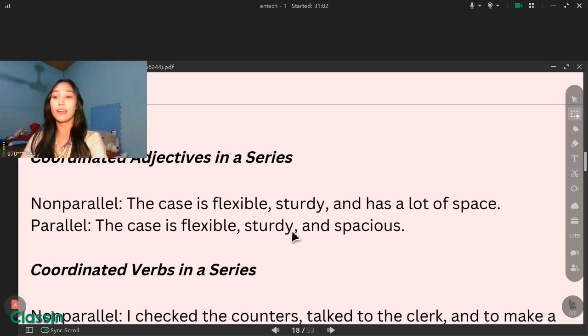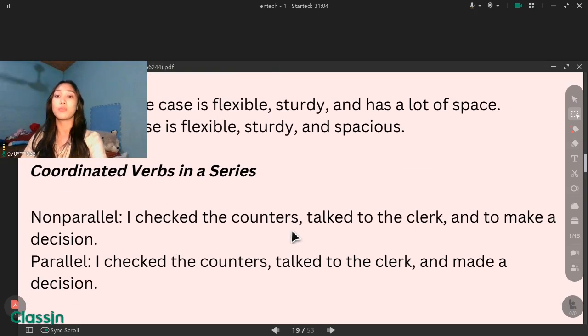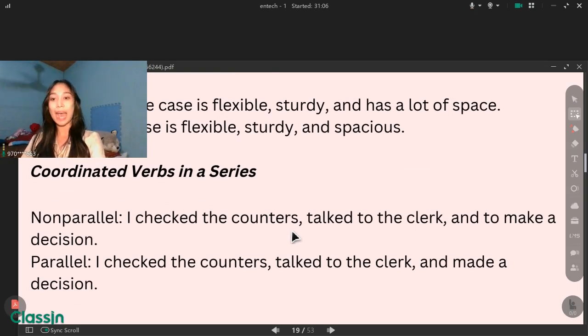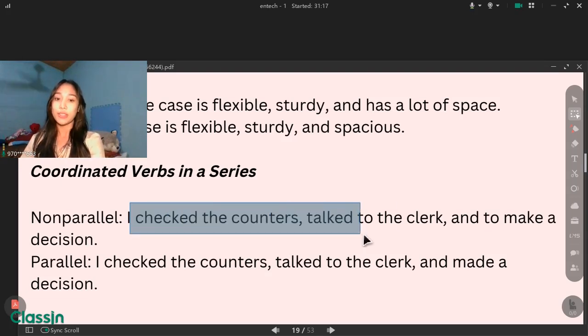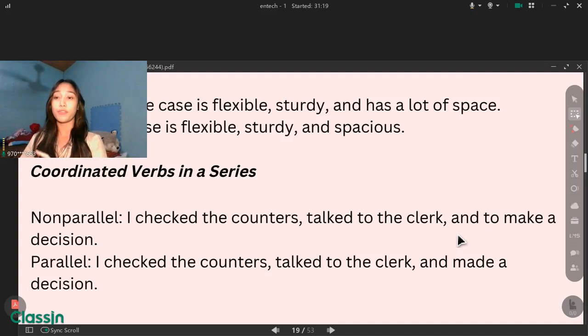All right, now let's proceed to coordinated verbs in a series. We have the example: I checked the counters, talked to the clerk, and to make a decision. For the first verbs, we have checked the counters and talked to the clerk, both of them in past tense form. And the last verb is in an infinitive phrase, to make a decision, which is in future tense.